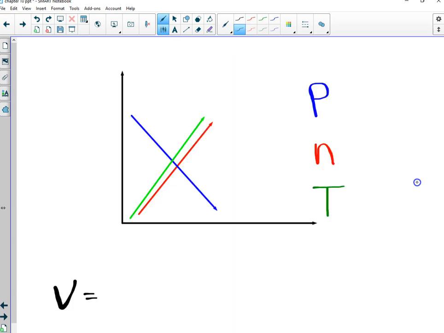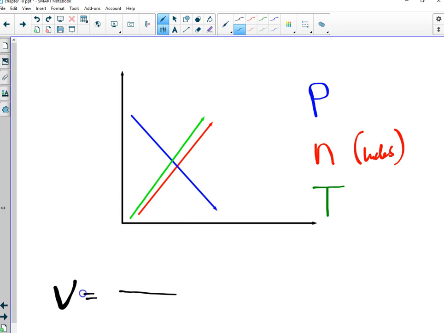Okay, so here we go. That green turned out to be a lot uglier than I thought it would, but that's okay. So we have the relationship between volume, pressure, N, which is the amount of stuff, or the moles, and temperature. And I want you to notice that this is pretty cool. These arrows will set up this equation for me.